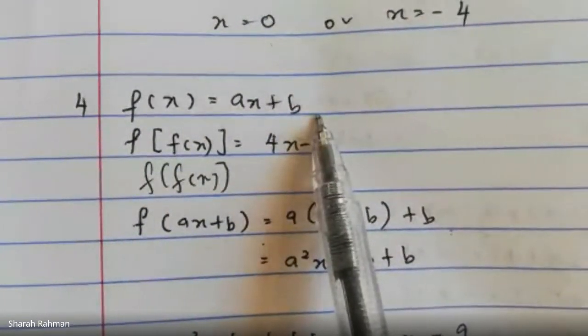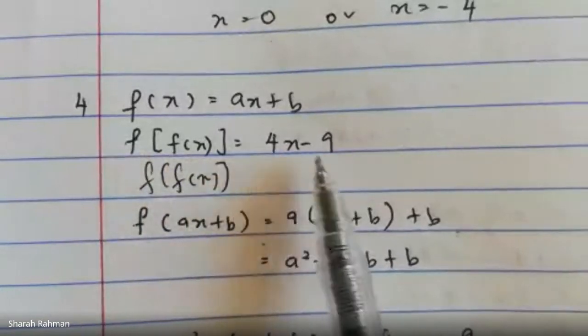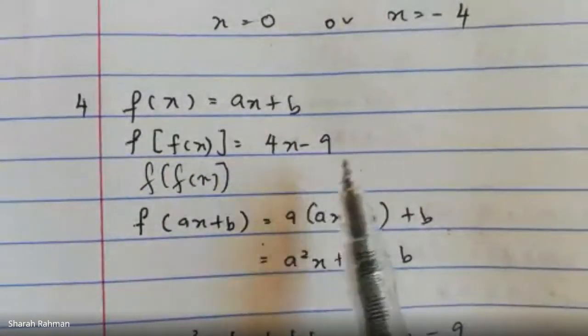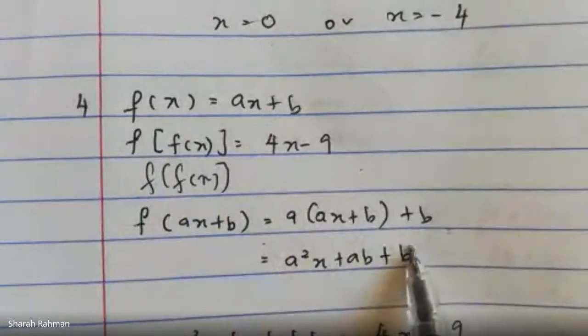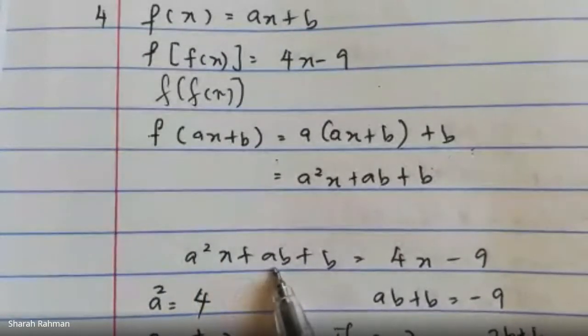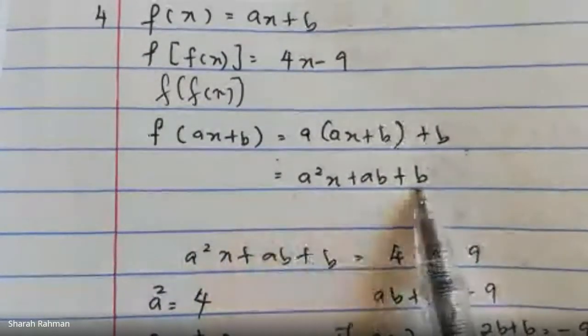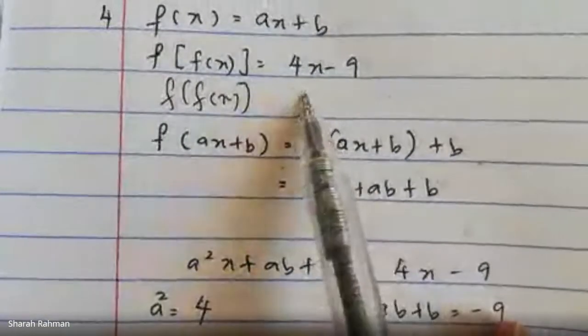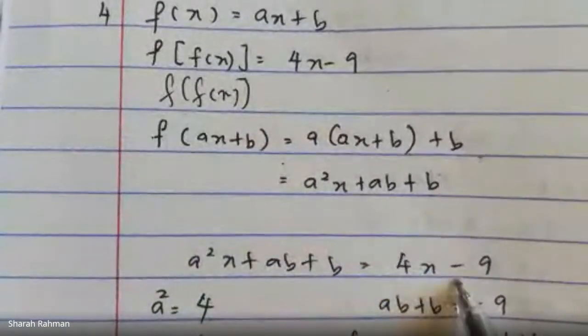But also given f squared x is 4x minus 9. So we can do comparison between this and this one we get. So we have a squared x plus ab plus b. Okay, this one we already found, the first one. And then this one is given, so equals to 4x minus 9.